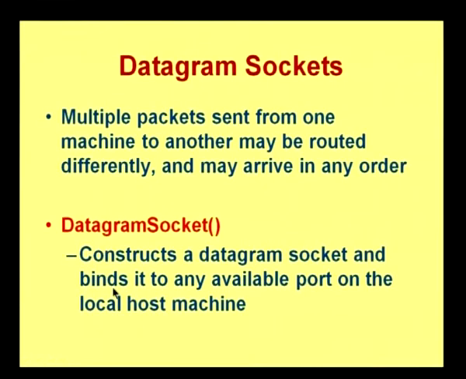DatagramSocket constructs a datagram socket and binds it to any available port on the local host machine. Whenever I call this constructor, I am creating a datagram socket on any currently available port on the system. I have not specified any particular port number to which this datagram socket will be connected.